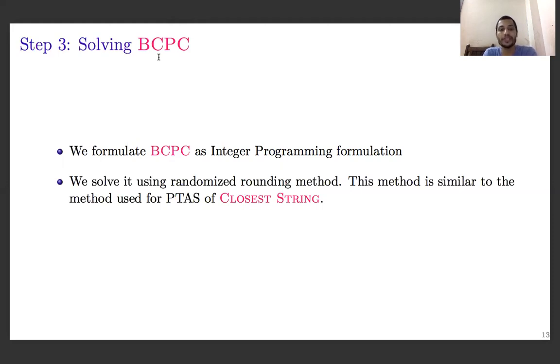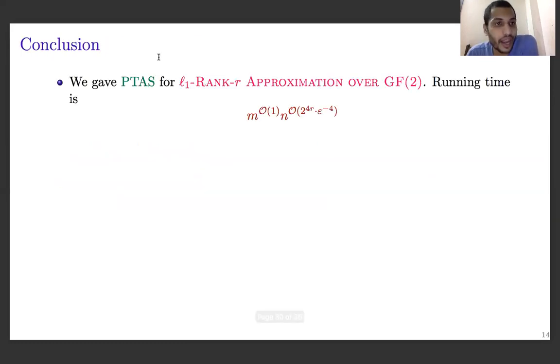So we solve the linear programming relaxation of this integer program, and then we apply the randomized rounding technique to get an integer solution. This method is similar to the one used for the PTAS for closest string. And this is all about the proof technique, or proof idea, I want to talk about. And then I will conclude my talk.